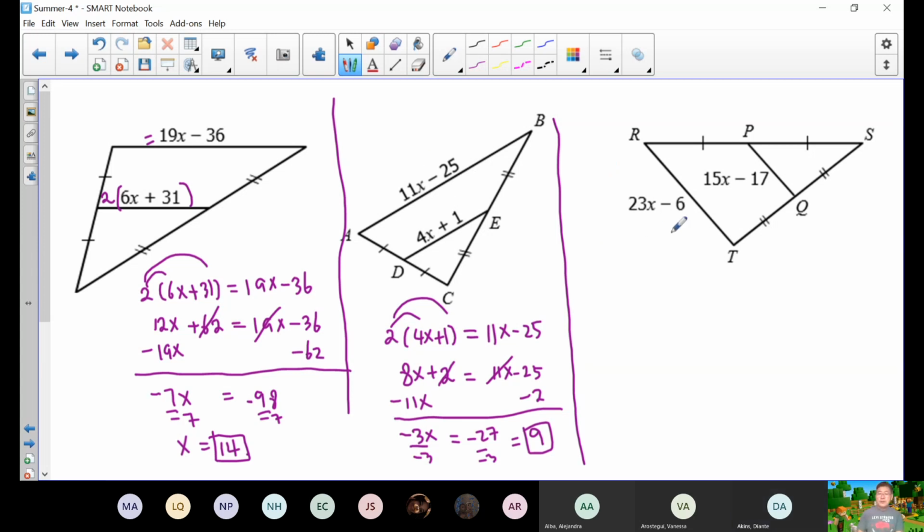So next one. It is the same, right? This is a mid segment. The mid segment is always half of this. So you multiply by 2, then you can create the equation. 2 times 15x minus 17 equals 23 minus x minus 6. So distribute, 30x.